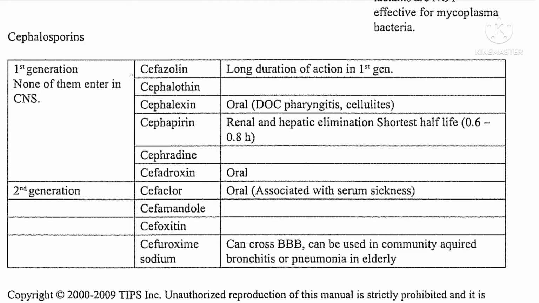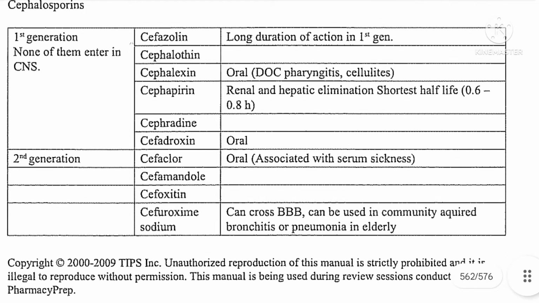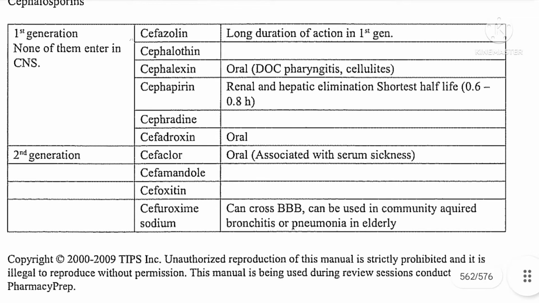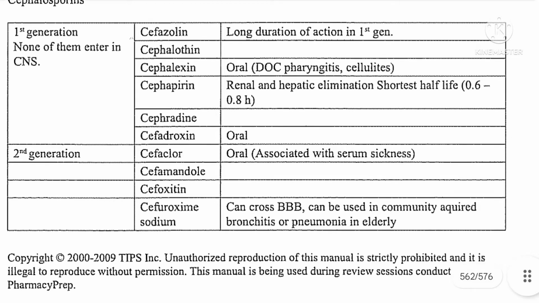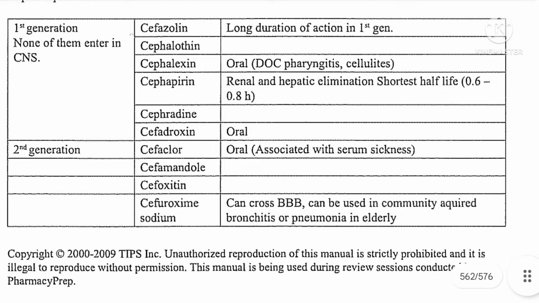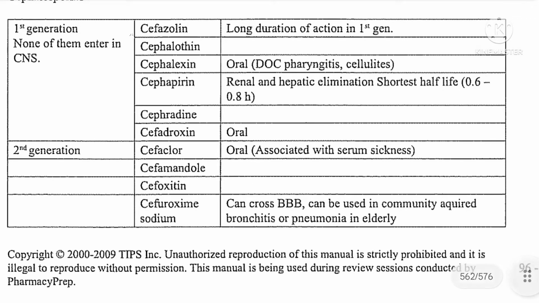This is an important point from the classification of cell wall synthesis inhibitors. Cefadroxil can be given orally. The important point of the first generation cephalosporins is that none of them enter the CNS.